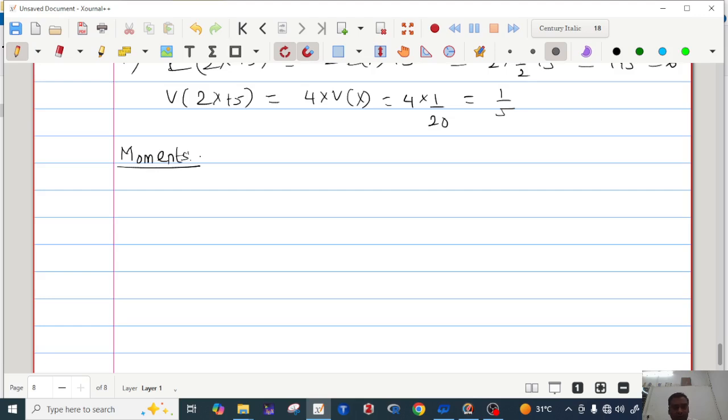Moment about any arbitrary point A. Moments are defined as mu r about A. Notation is mu r about A. They are defined as expectation of x minus A raised to r.